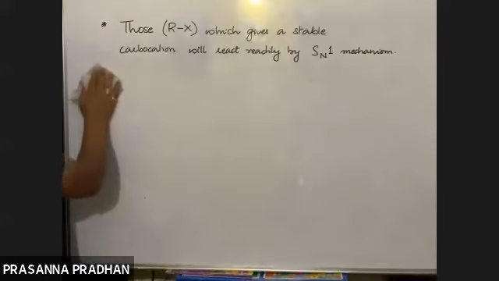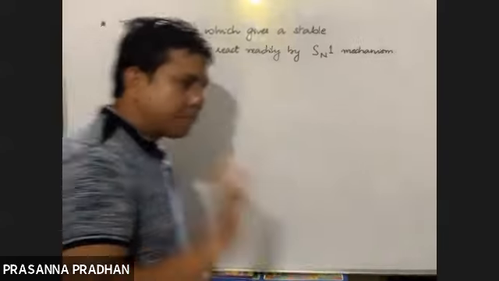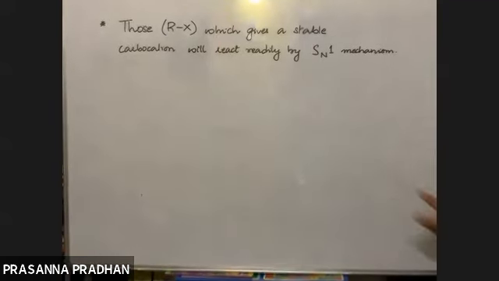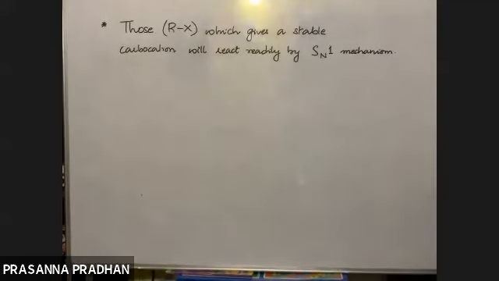So remember, what is formed in the rate determining step? Carbocation. All those alkyl halides which give a stable carbocation will react readily by the SN1 mechanism.